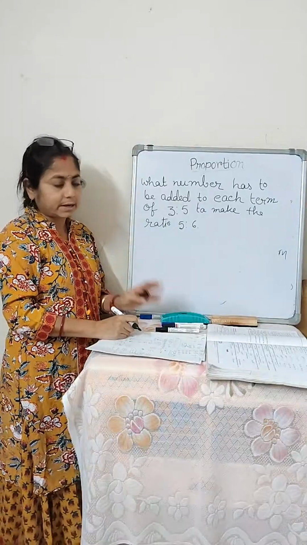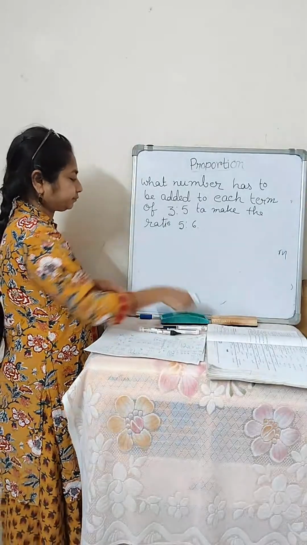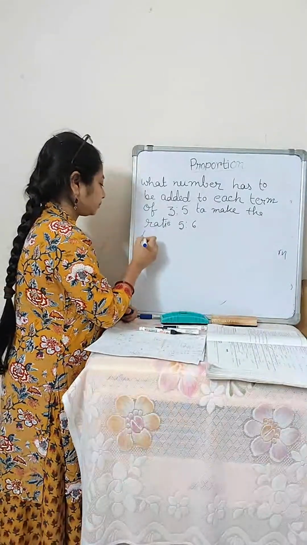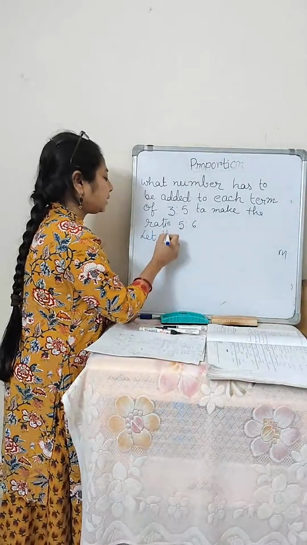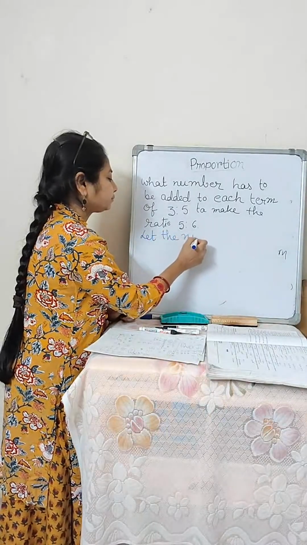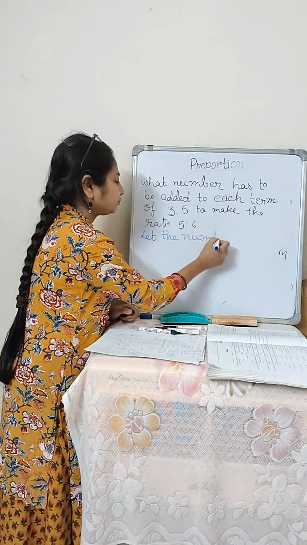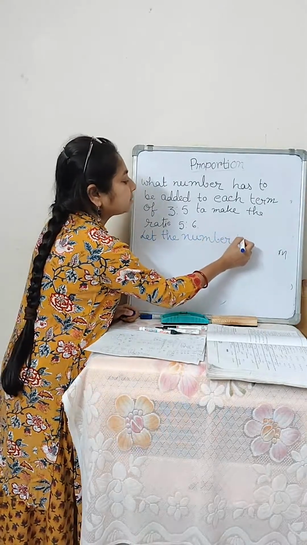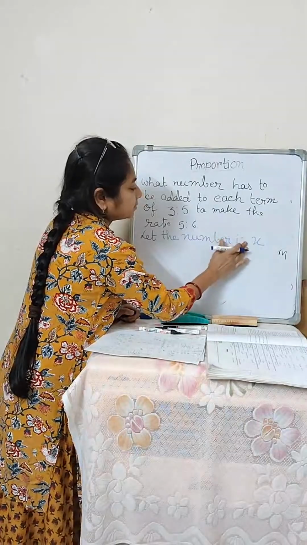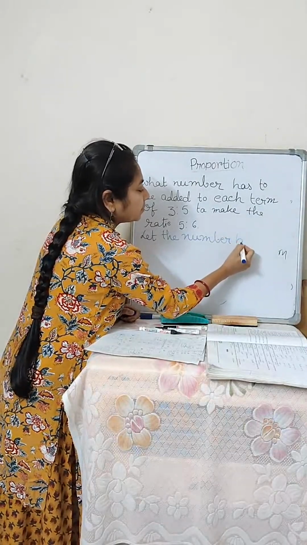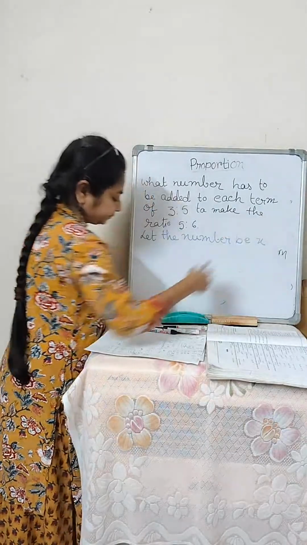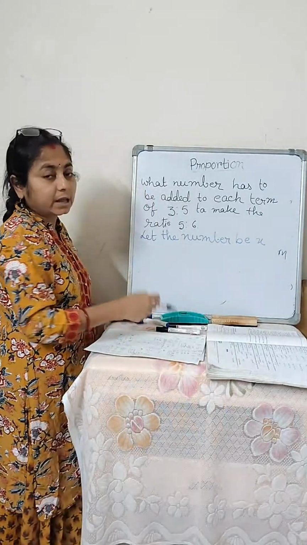So first, what is the right way? Let the number be x. Now I add it.